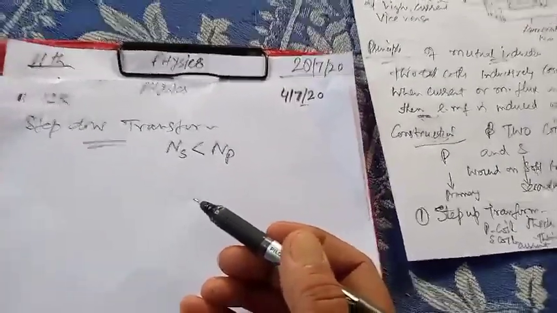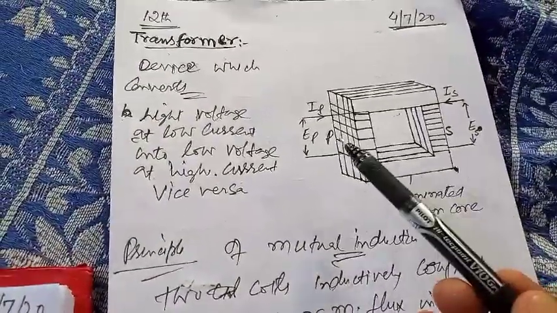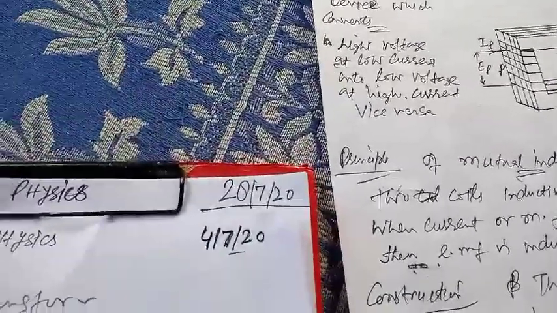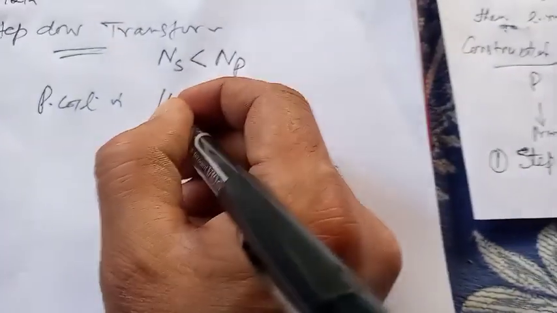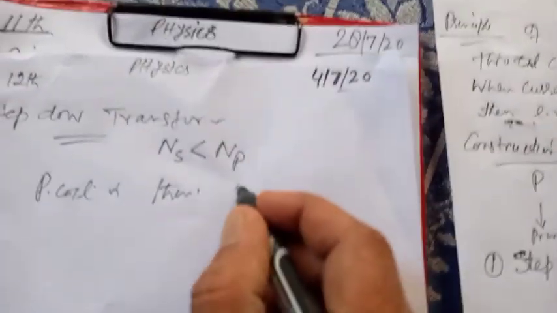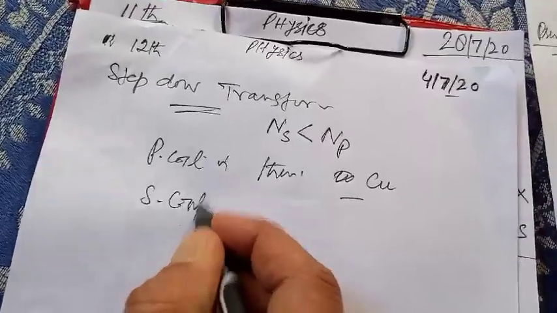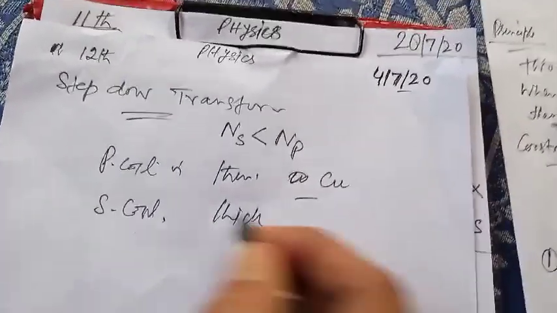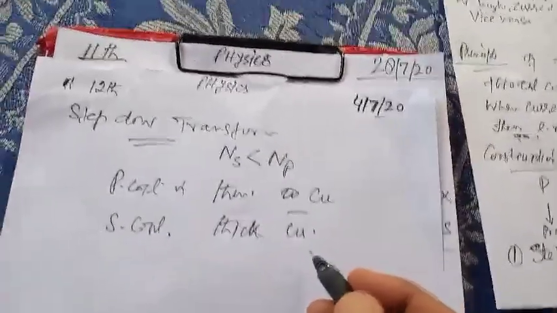In a step down transformer, the primary P coil is made up of thin copper wire, and the S coil is made up of thick insulated copper.